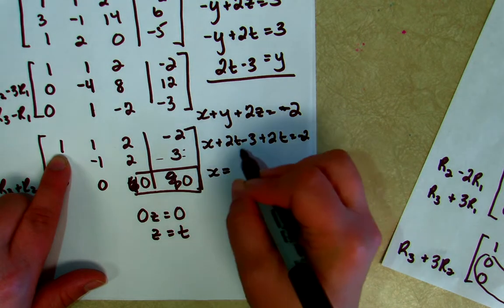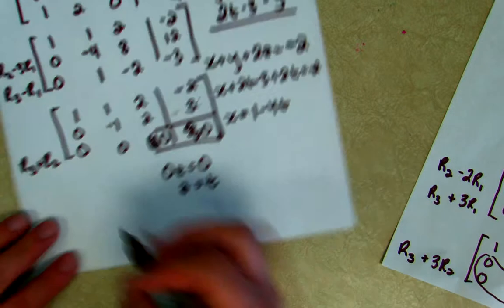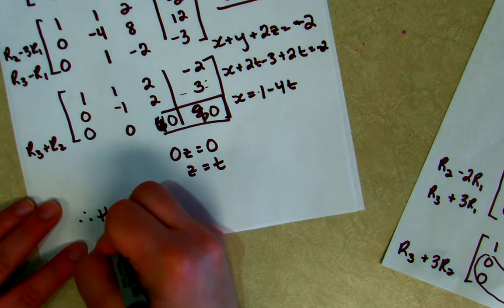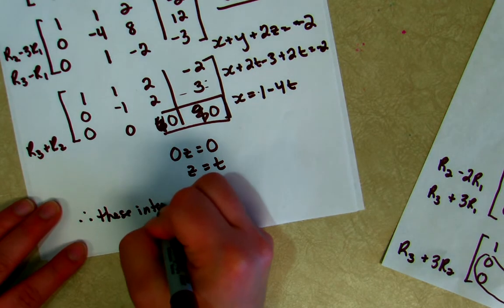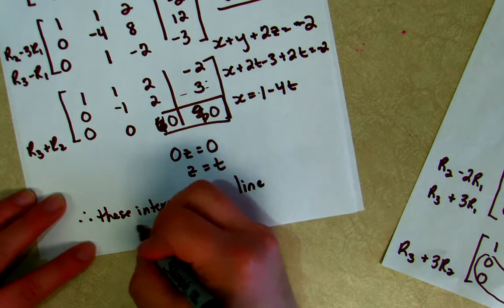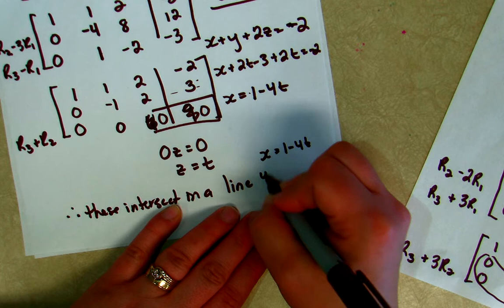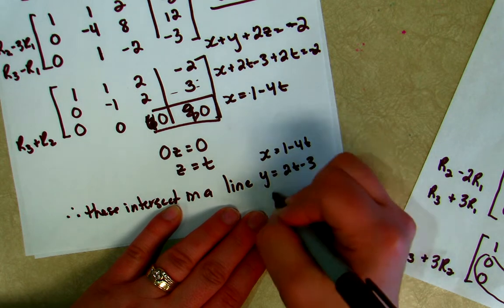So x is going to equal 1 minus 4t. So therefore, these intersect in a line. And the solution is x equals 1 minus 4t, y equals 2t minus 3, and z equals t.